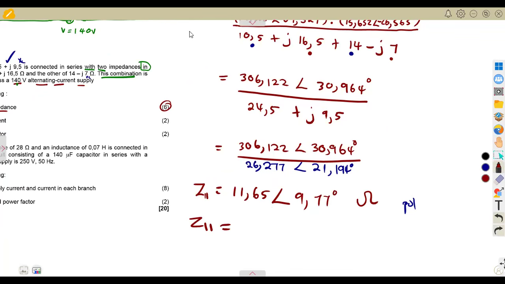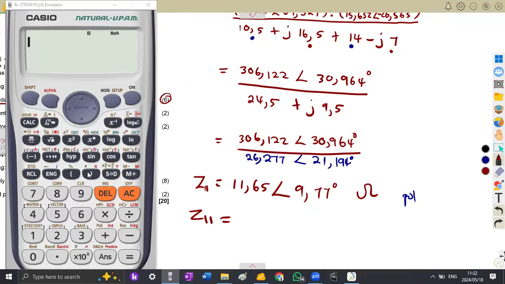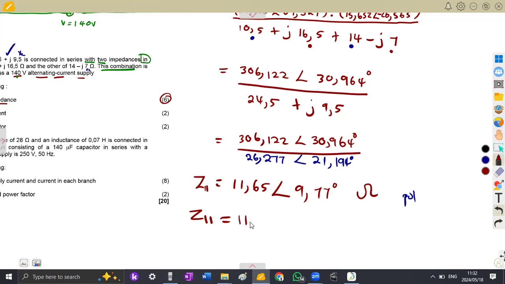So this time we have to press the shift to rectangular form. That is shift, you press to rectangular form. Then as it is 11.65, then you separate this with shift comma, that is 9.77. This will give us the answer that is in what? In rectangular form. So we have got 11.481.